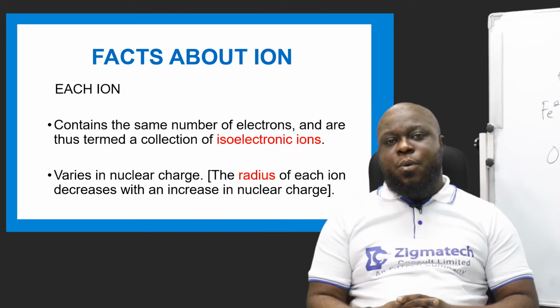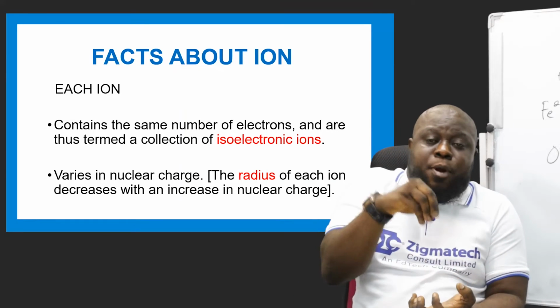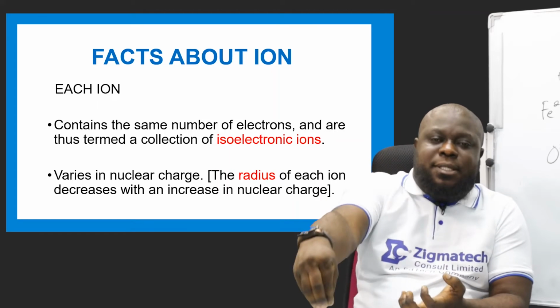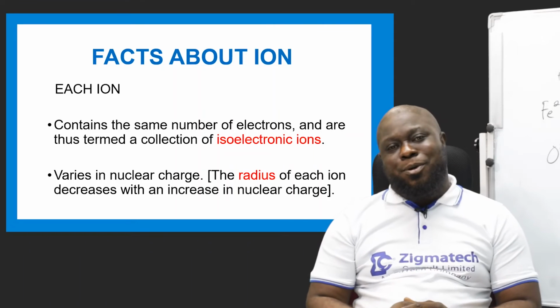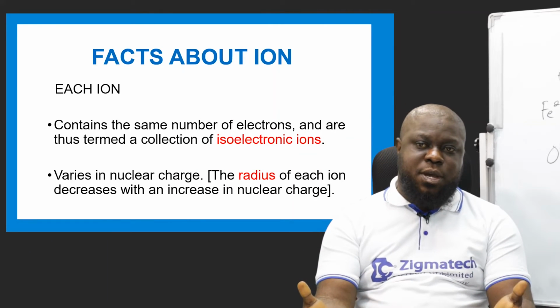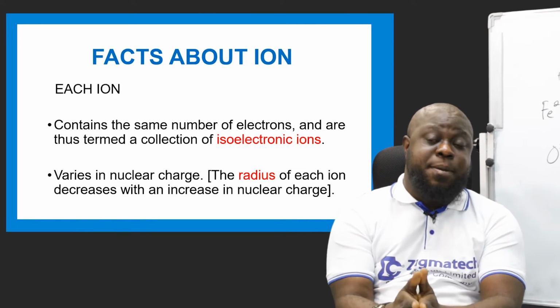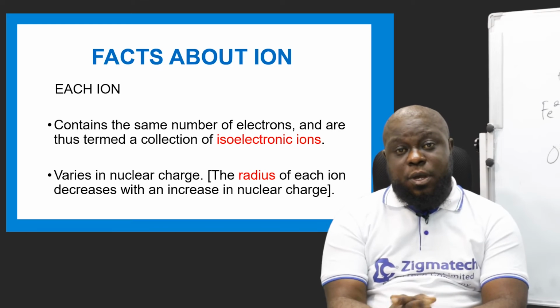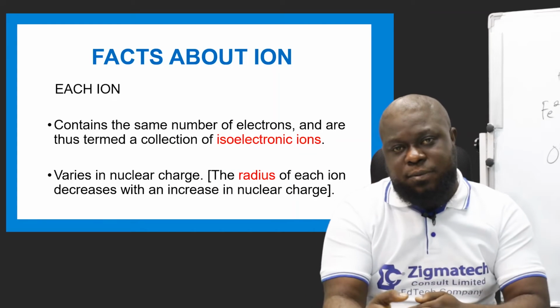Now they vary. When the nuclear charge comes, it makes the proton want to meet the electron and makes the electron want to meet the proton. Because when this nuclear charge comes, it will make them want to meet themselves.